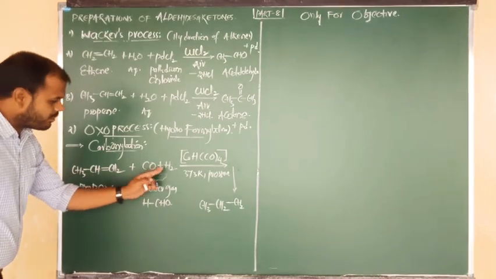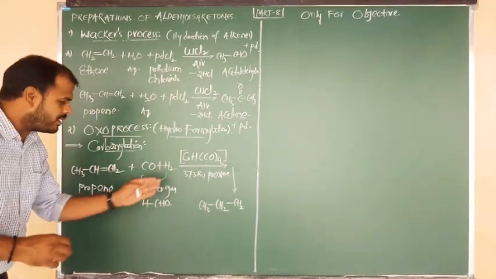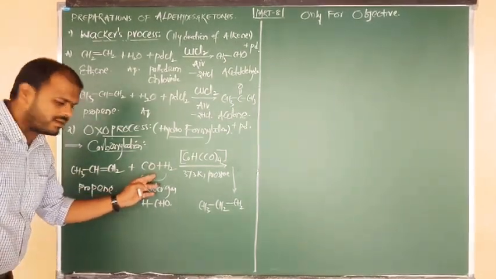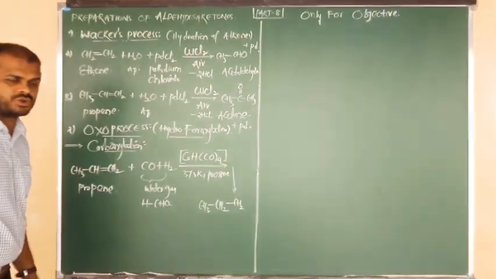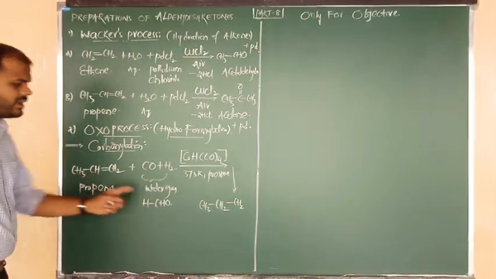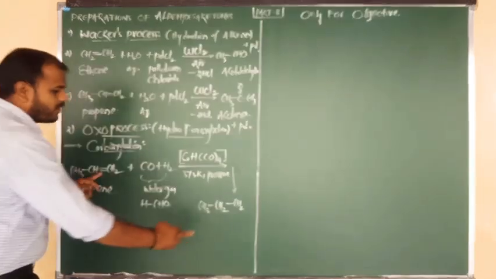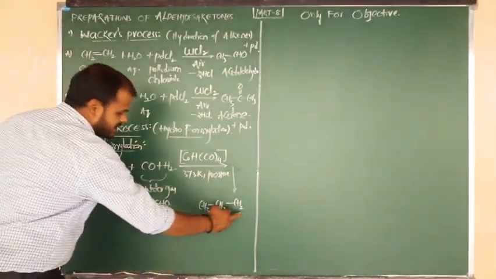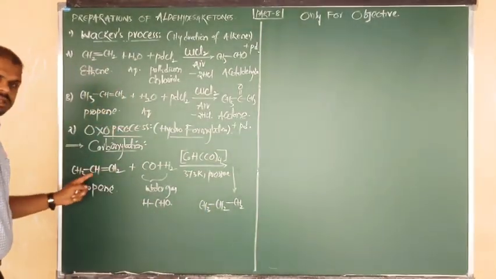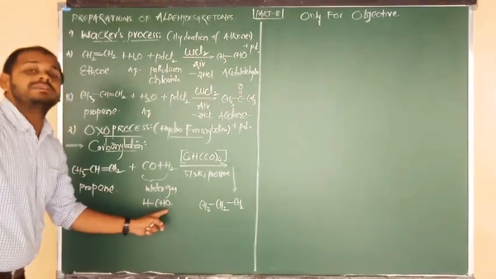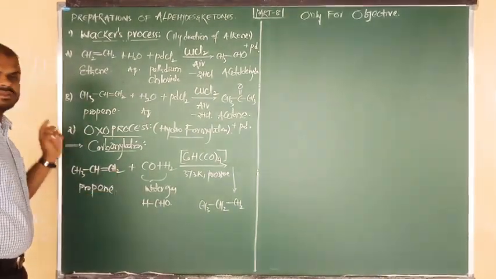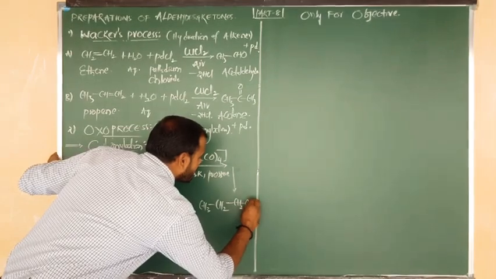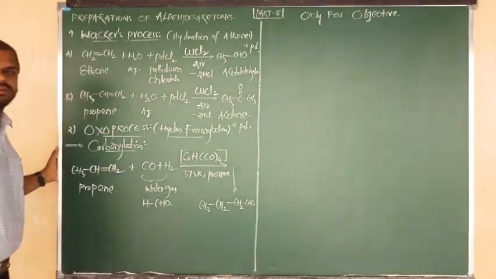When CO plus H2 react with each other, after the reaction in the water gas, here you are getting H and CHO. So H attacks the central C, it becomes CH2, the double bond becomes a single bond. Again here the CH2 group is there. So H is given to the second carbon. The remaining CHO group is given to the first carbon.